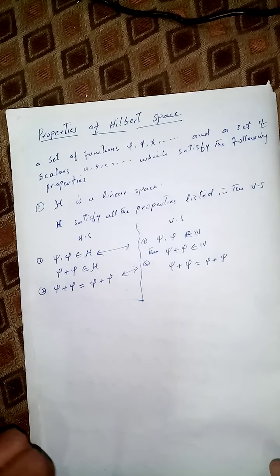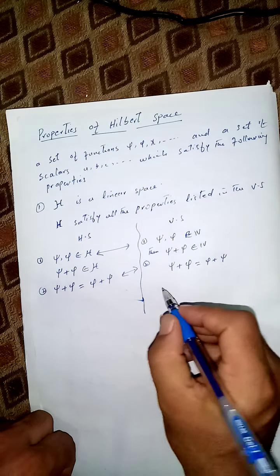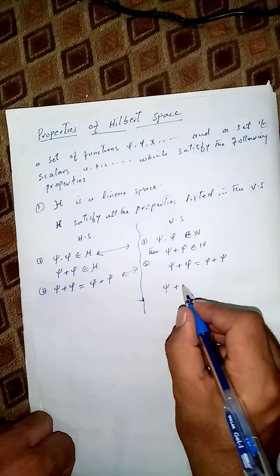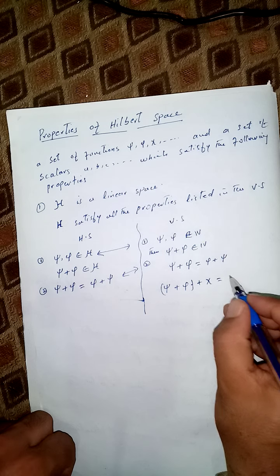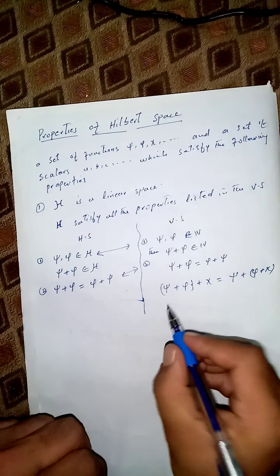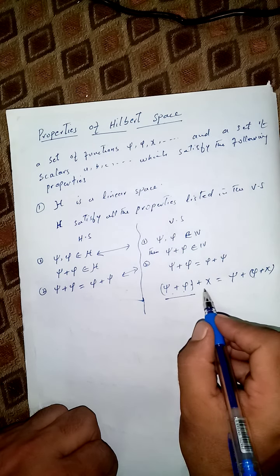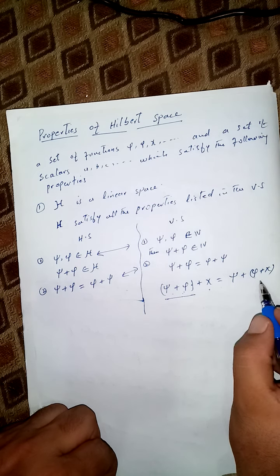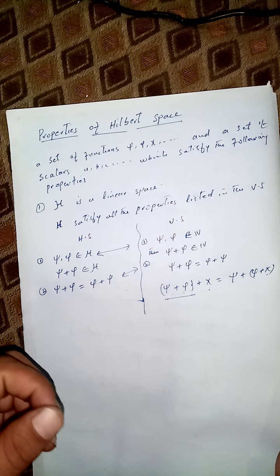The third property is the associative property. In vector space, if we have three vectors, psi plus phi plus xi is equal to psi plus phi plus xi, grouped differently. Like if we add the first two vectors first and then add the result with the third vector, or if we add the second and third vector first and add with the first vector, the result will be the same.